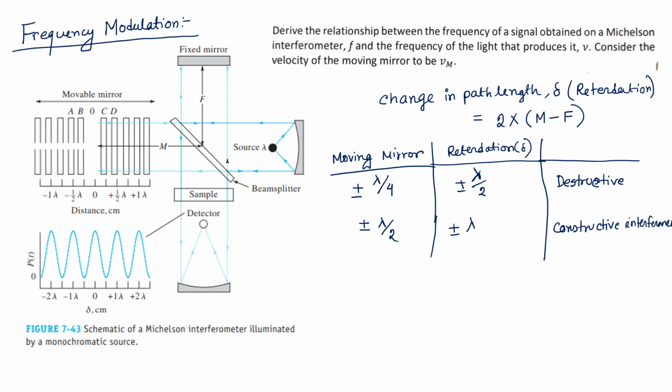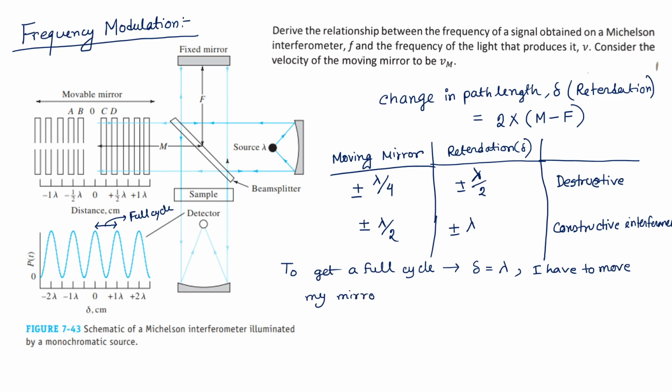Then again at lambda, you are going to get constructive interference when you move your mirror to lambda by 2 position. So this is a full cycle, right? To get a full cycle or a full wavelength, my delta retardation is lambda, and I have to move my mirror lambda by 2, right?